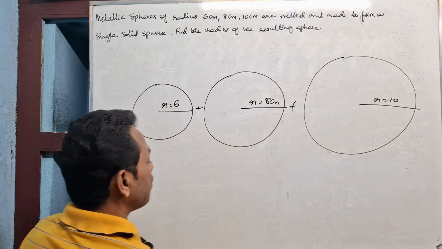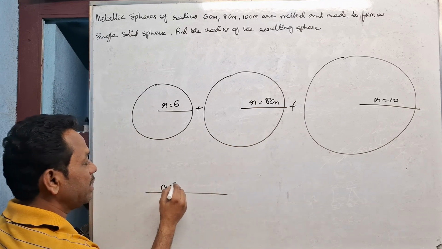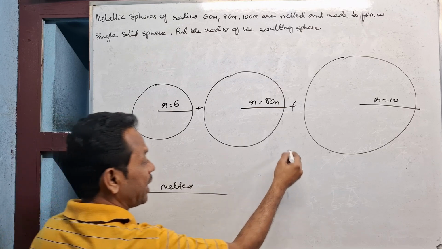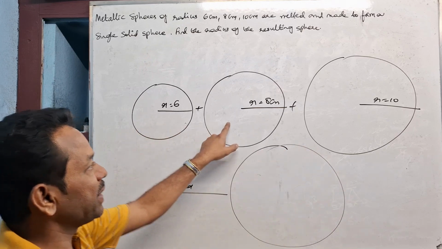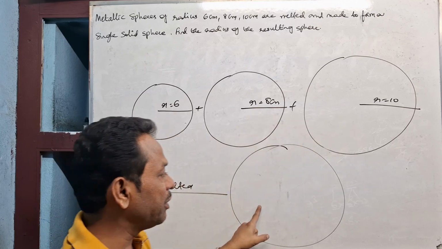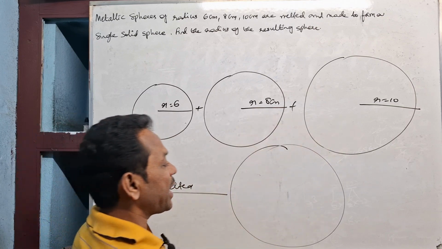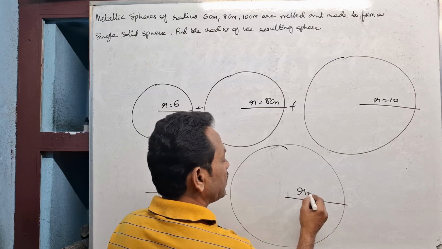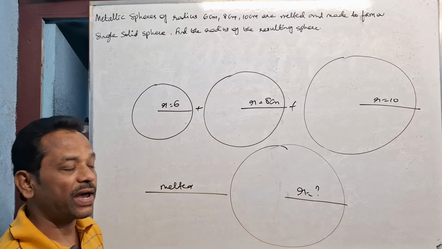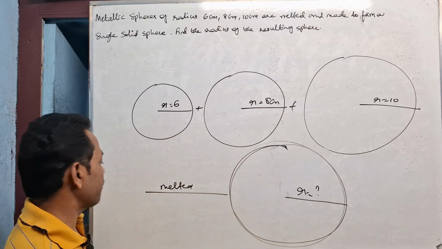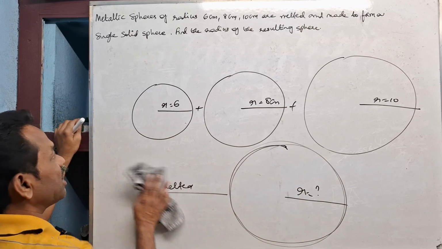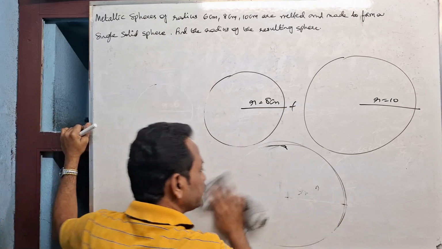These three spheres are melted and made into a single new sphere. We need to find the radius of the resulting sphere. First, let us find the three volumes separately.